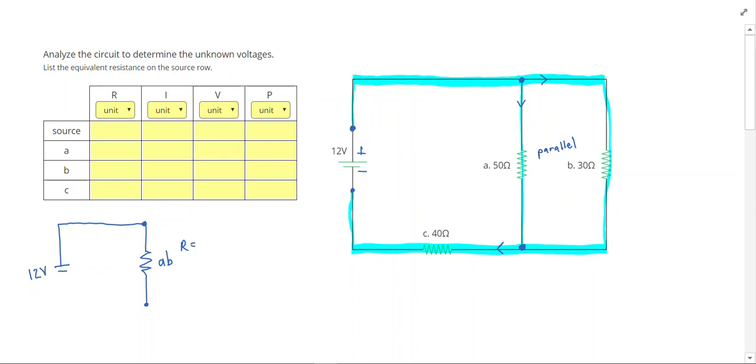I'm going to use the parallel equation. So 1 divided by the quantity 1 divided by 50 plus 1 divided by 30 will give the equivalent resistance of those two. And that gives me 18.75 ohms.